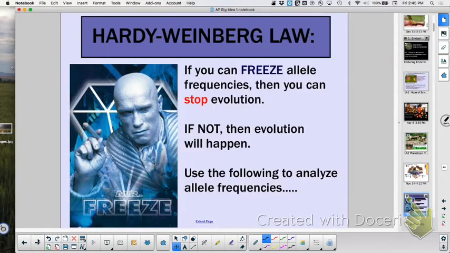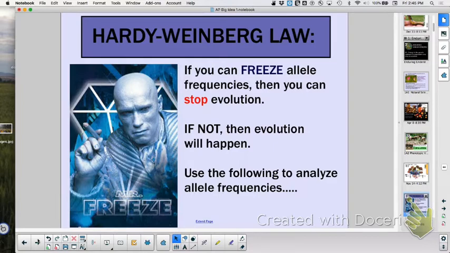So that, what you're talking about right there, is Hardy-Weinberg, okay? And we said, if you want it to stay the same, 0.8 and 0.2, if you want to maintain that and have no variation between 0.8 and 0.2, it's going to stay that way, you have conditions you have to meet. If you fail to meet those conditions, then what's going to happen?